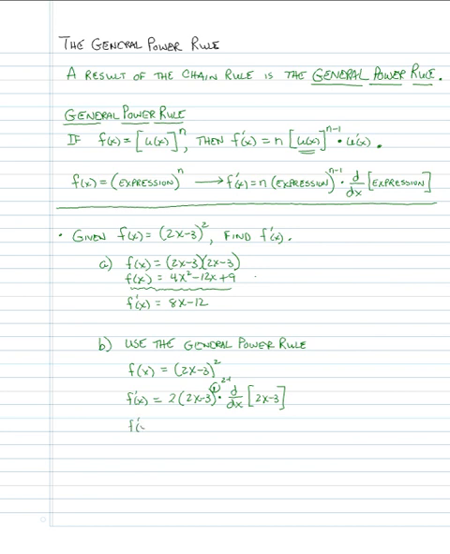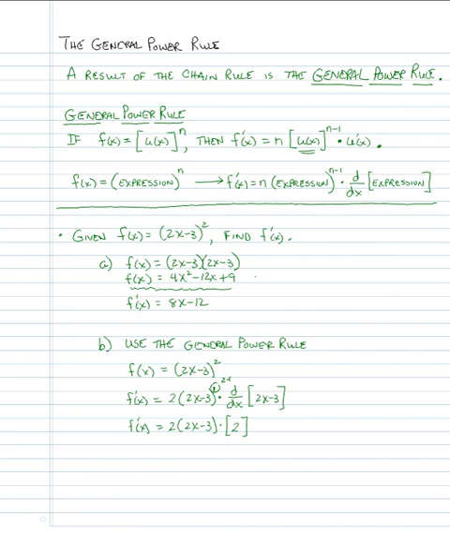Now, as we clean up and do a little work, an exponent of 1 we normally don't write, do we? So we'll just say this is 2 times (2x minus 3) in parentheses. And then when we calculate the derivative of 2x minus 3, don't you agree that we just get a 2? Derivative of 2x is 2, minus the derivative of 3, being a constant, just gives us 0.